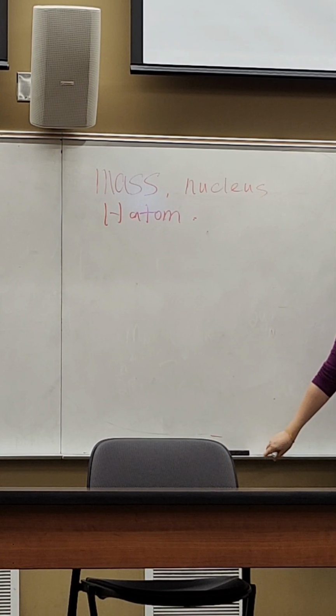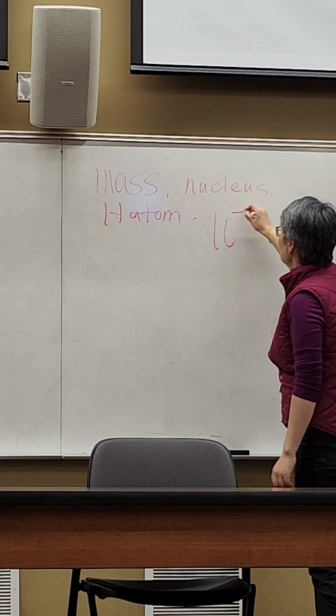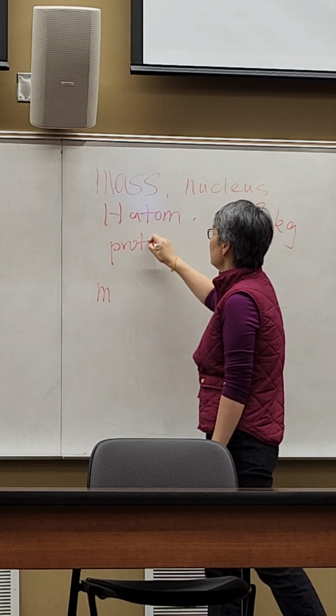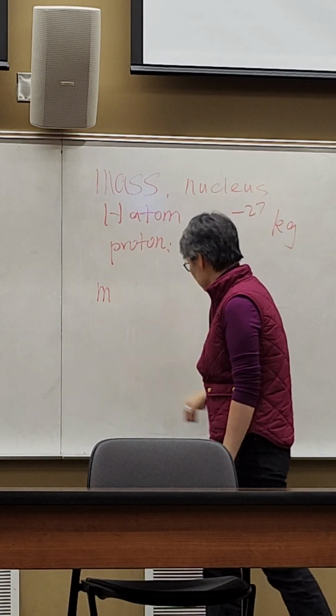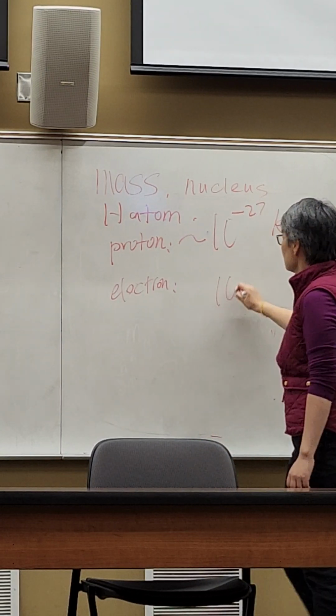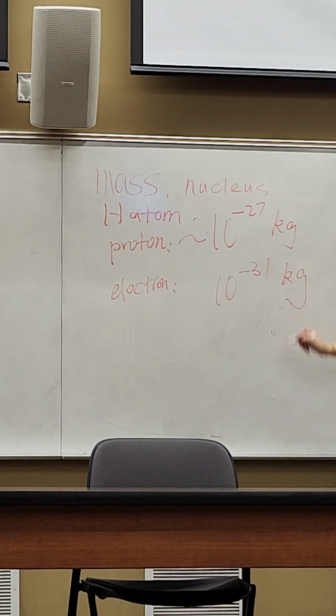What is the mass of a proton, guys? 10 to the negative 27. Okay. Now how about the mass of the electron? 10 to the negative 31st. Okay. So therefore, it is orders of magnitude difference. Your nucleus is so much bigger in mass than the electron, so you can consider it stationary when you refer to the motion of the electron.